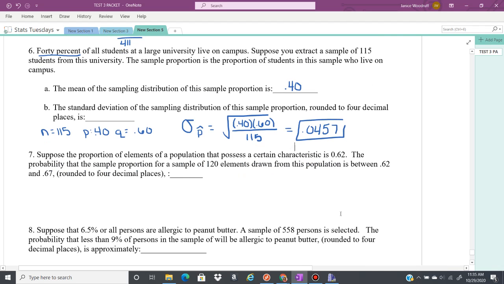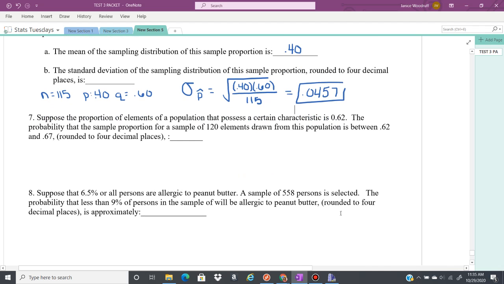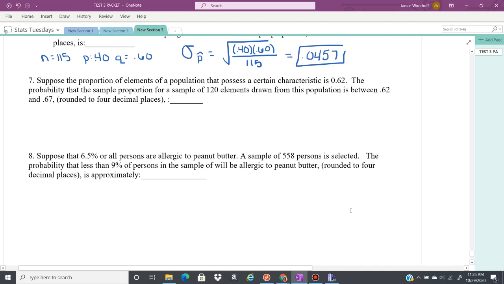All right, so number 7, suppose the proportion of elements in a population that possess a certain characteristic is 0.62. The probability that the sample proportion for a sample of 120 elements drawn from this population is between 0.62 and 0.67 is what? All right, so let's get the information we need.